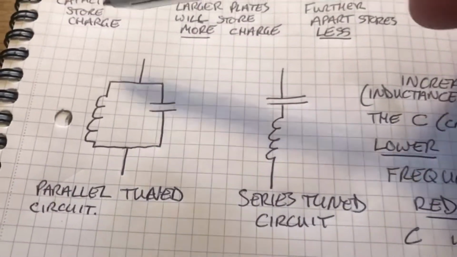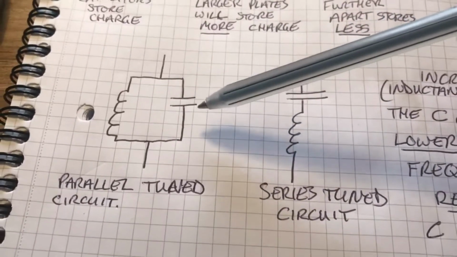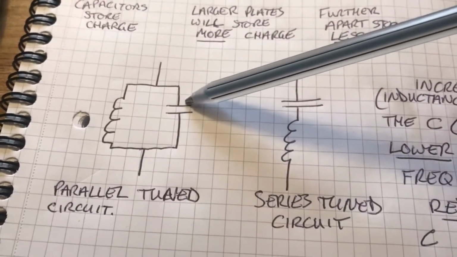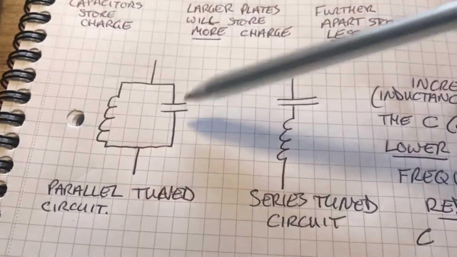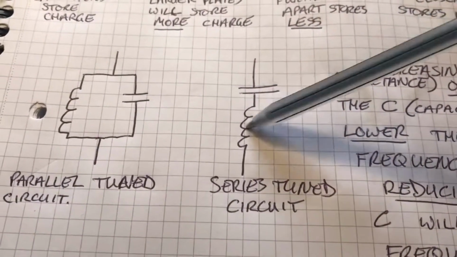Let's now talk about the effect of capacitance on a circuit. We mentioned before we have parallel tuned circuits, which are L and C, and we have the series tuned, which is L and C as well.